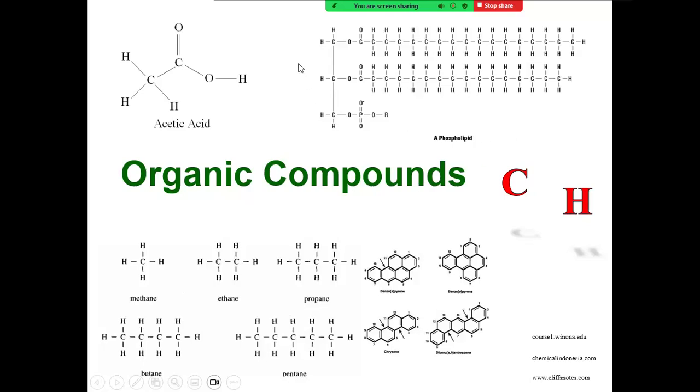So that's an organic compound that does have carbon. In fact, carbon and hydrogen are the main atoms in this molecule, but it does have other atoms as well, oxygen and phosphorus. So this is an organic compound, but it is not a hydrocarbon. These are hydrocarbons. We'll talk about those a little later.